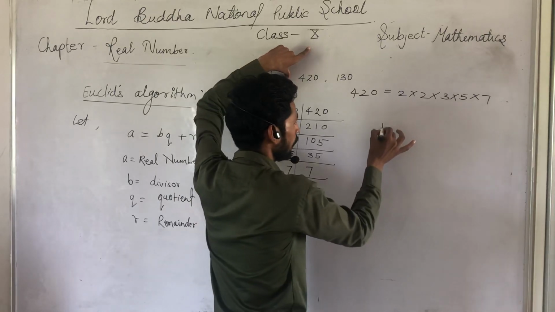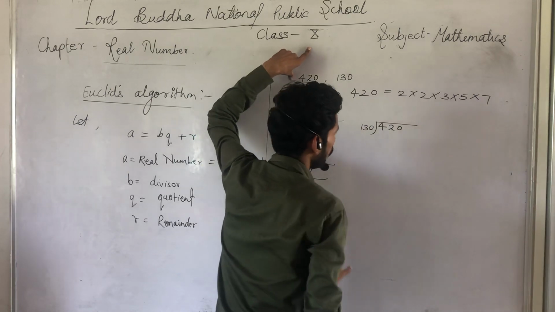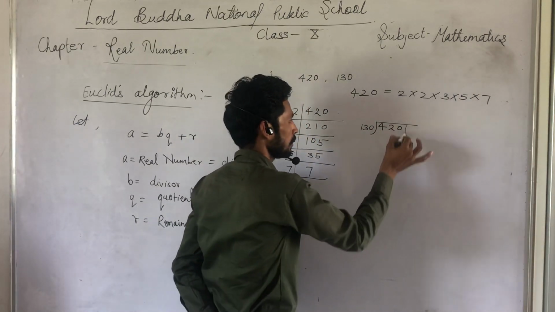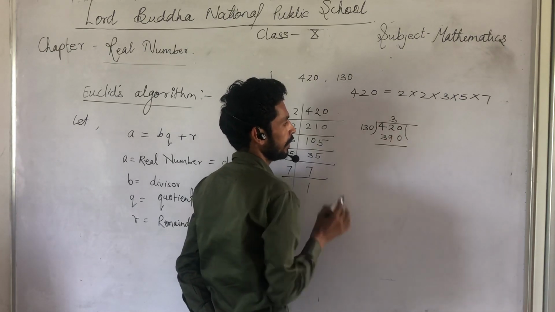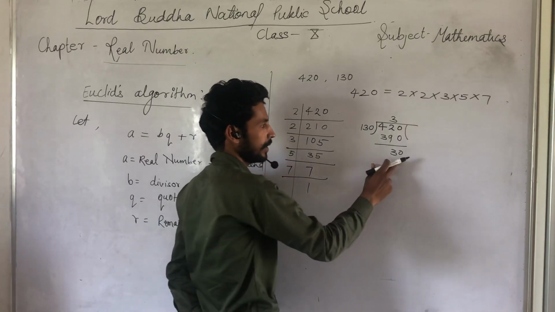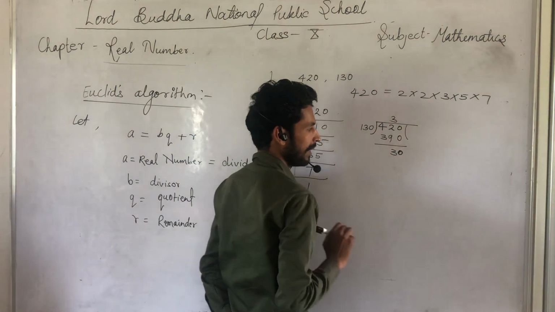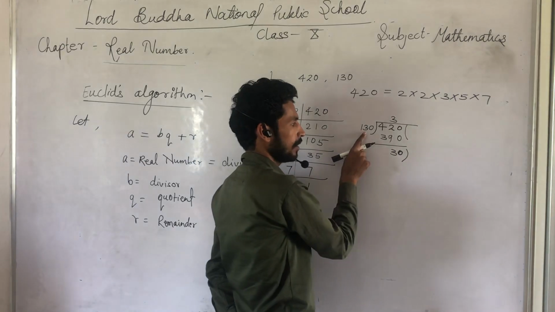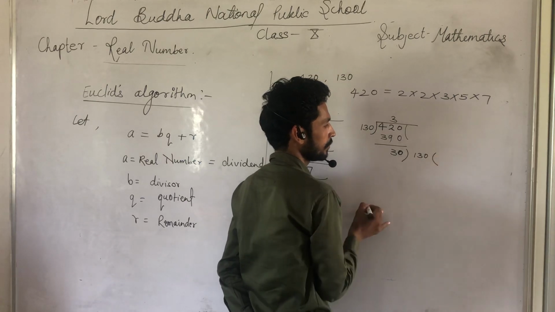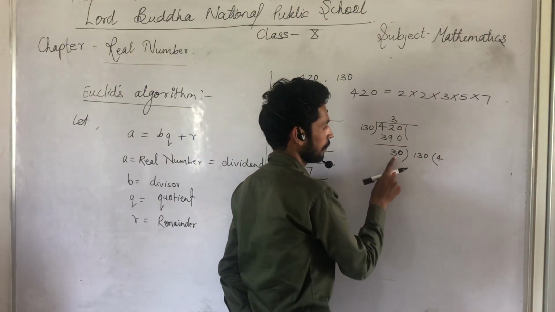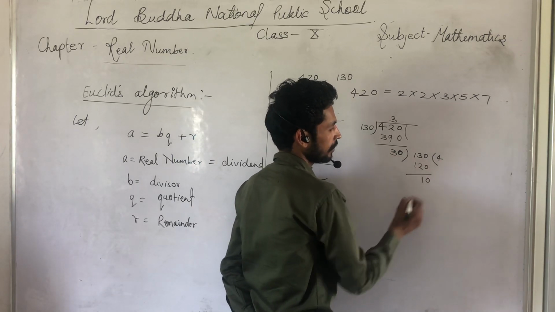But when we divide 420 by 130, 3 times: 3 times 130 is 390, and the remainder is 30. Now this remainder becomes the divisor and the previous divisor becomes the dividend. Now 4 times we can go: 4 times 30 is 120, remainder is 10.